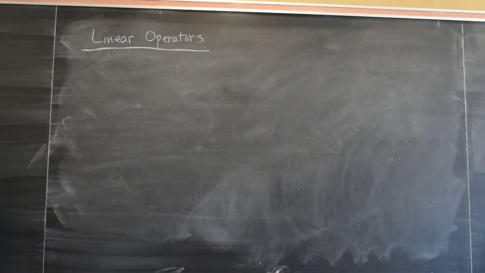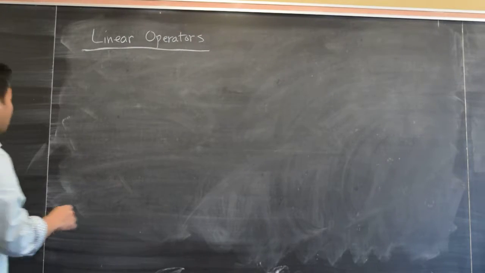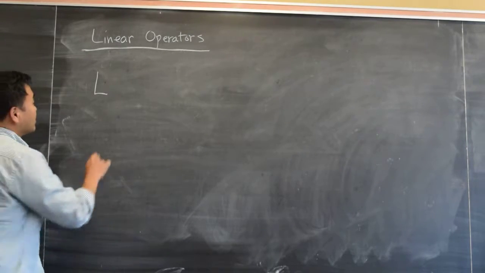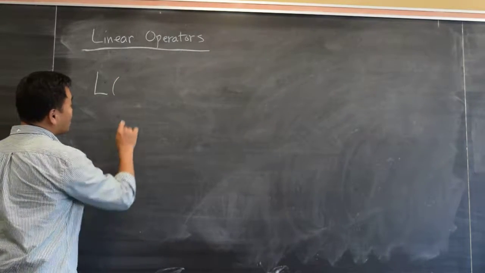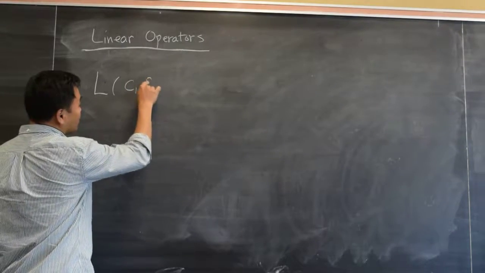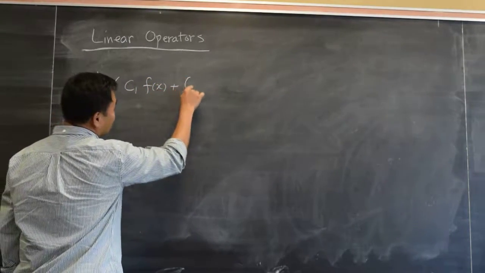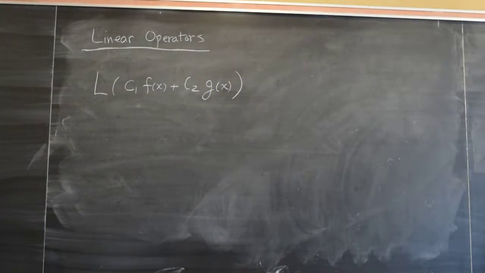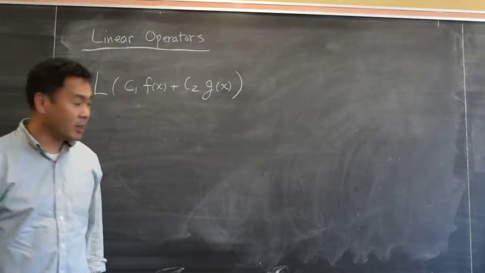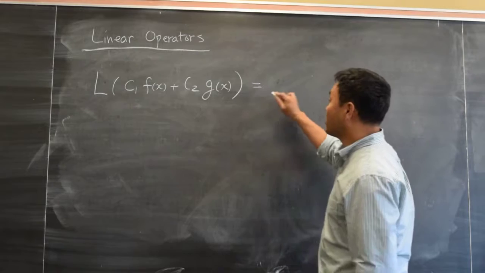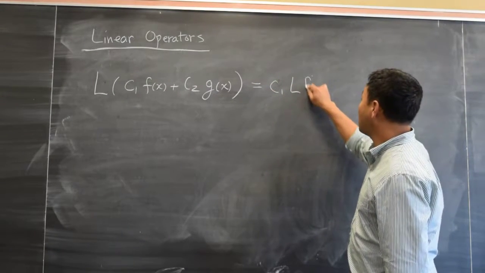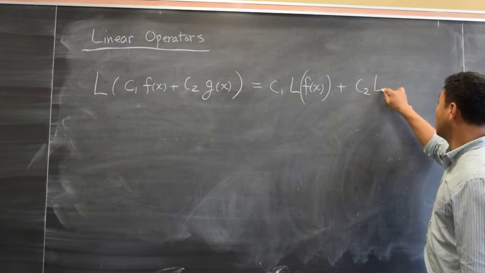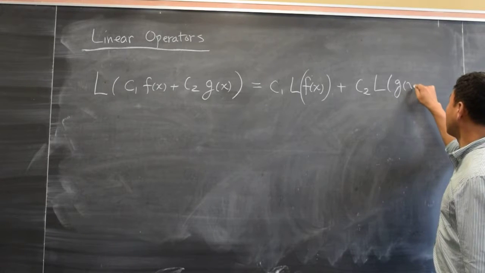What are these linear operators? Well, if L is an operator, linearity means the following: if you apply L to C1 f of x plus C2 g of x, so you have two constants and two functions, then L can be applied to each individual function, just like this.